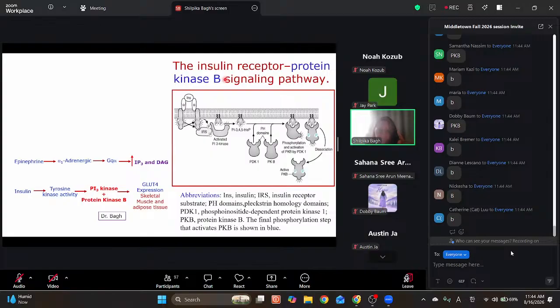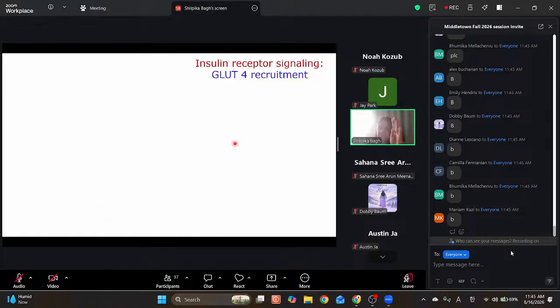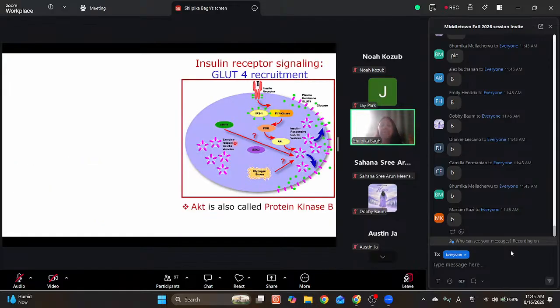Which comes first in the Gq pathway, phospholipase C or protein kinase C? Phospholipase C. And insulin GLUT4 is protein kinase B. See, they are specific. Just pay attention to them and you will be fine.